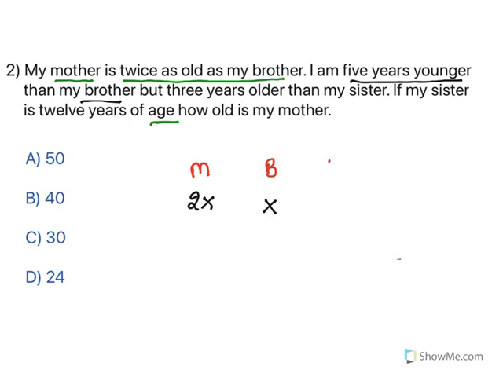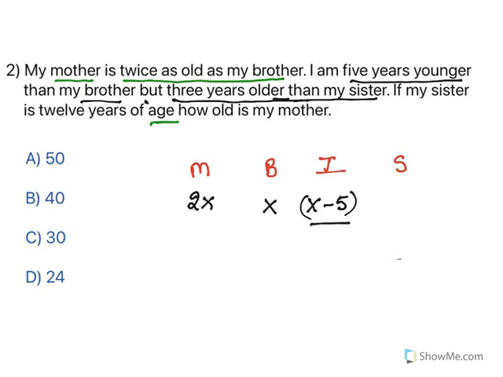Now I am means I. 5 years younger than my brother, where X is brother's age, means X minus 5. But I am 3 years older than my sister. Again you have one more variable, the sister. I am 3 years older than my sister. Look at this.